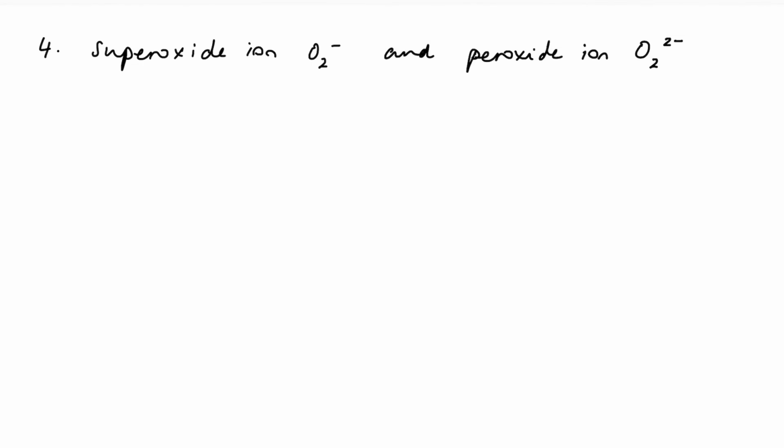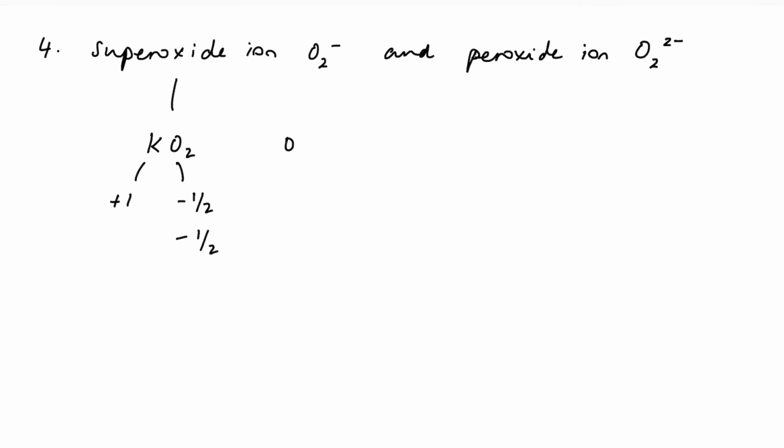And finally, a couple of weird oxides that you might come across. Superoxide and the peroxide ion. So the superoxide ion, for example, you might see it in potassium superoxide, so KO2. Potassium has an oxidation state of +1, and oxygen has an oxidation state of -0.5. What does a superoxide ion look like?